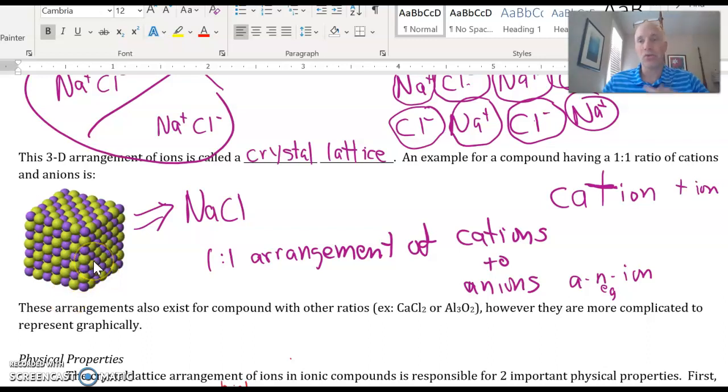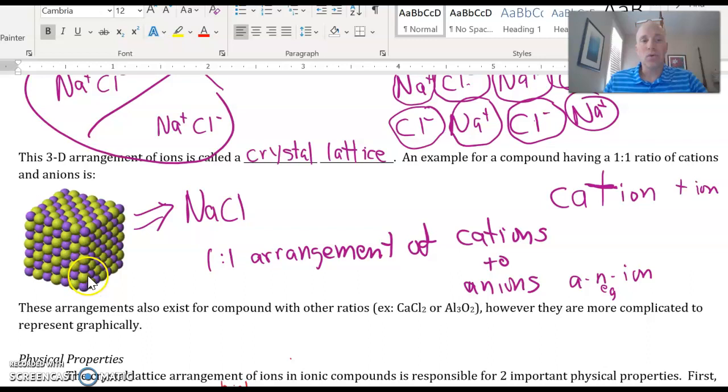If you pictured a crystal of table salt, and we know that it's NaCl, we know it's sodium ions and chloride ions, but it's not like you have a 1-to-1 ratio of a unit of sodium chloride over here with space between it and another unit of sodium chloride over here. You have this alternating pattern, which we called a crystal lattice.